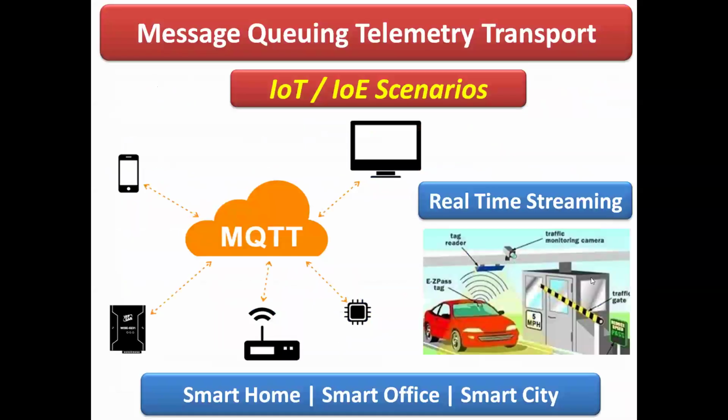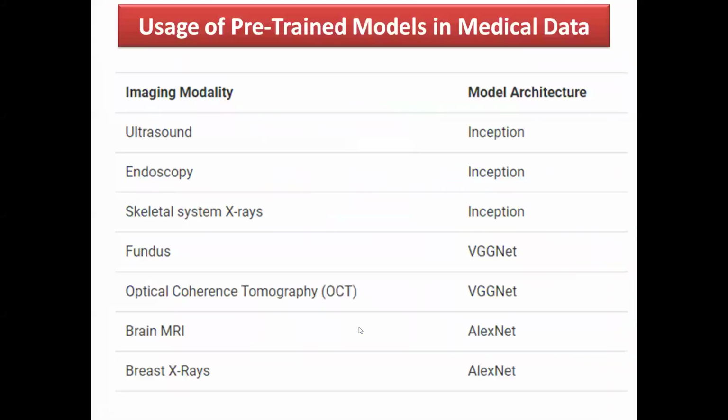If I want to integrate it with IoT, in that case we work with MQTT. For example, for real time computer vision, we want to link those pre-trained models with a particular base station, with an IoT scenario. For that we can use MQTT, Message Queuing Telemetry Transport, for IoT and its integration with computer vision.